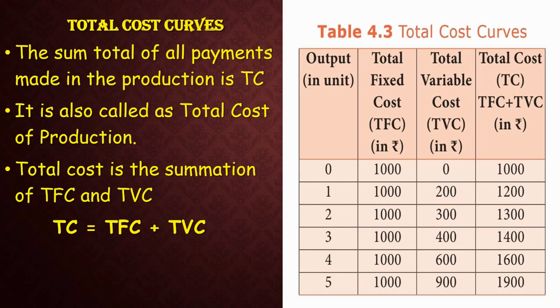For 0 units of output, we get 1000 as total cost. For 1 unit of output, we get 1200, that is 1000 plus 200 equals 1200 as the total cost, and it goes on increasing until the 5th unit of output, where the total fixed cost is 1000, total variable cost is 900, so the summation is 1900.